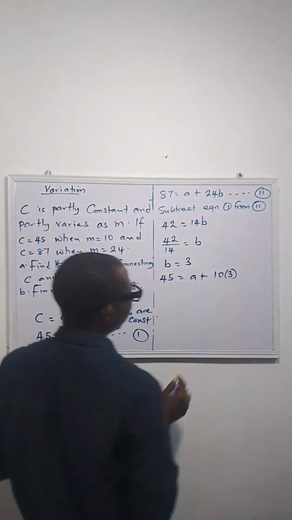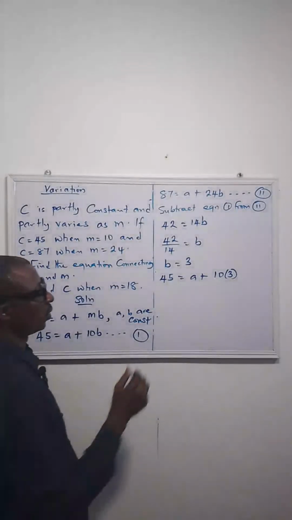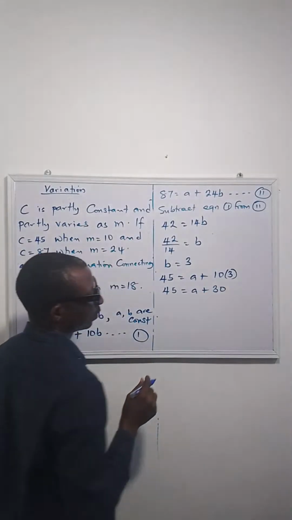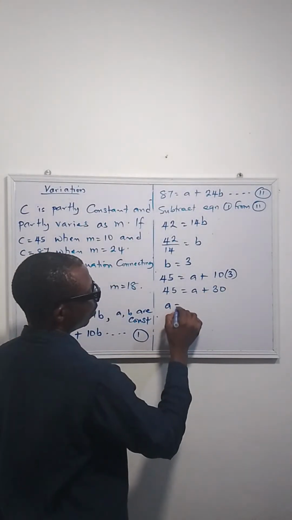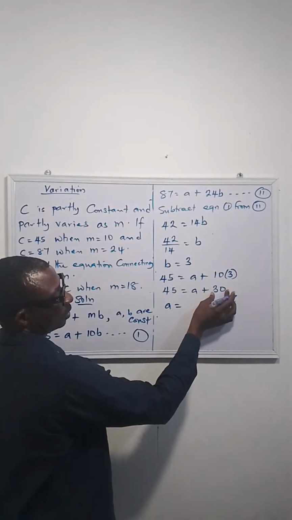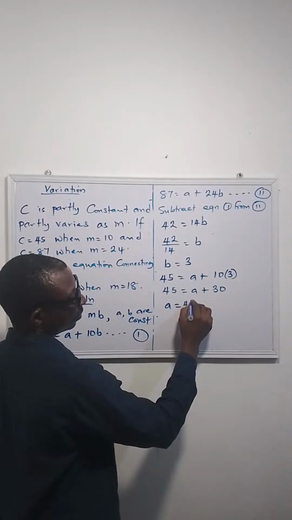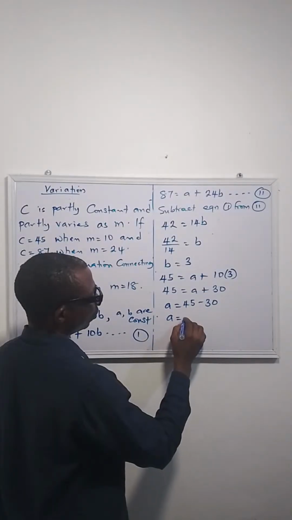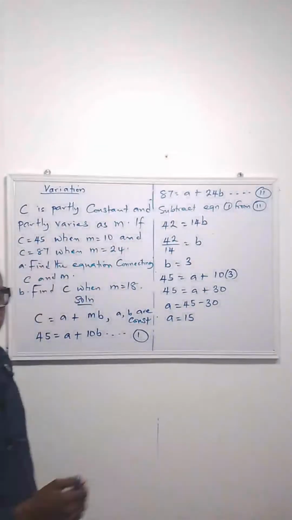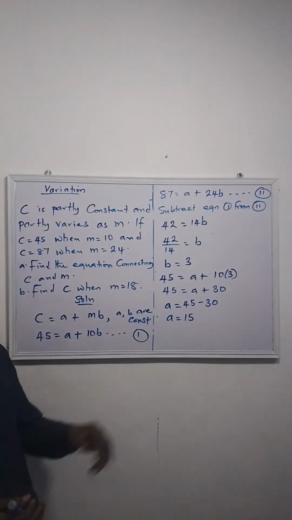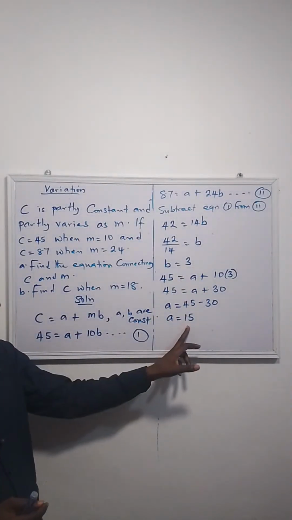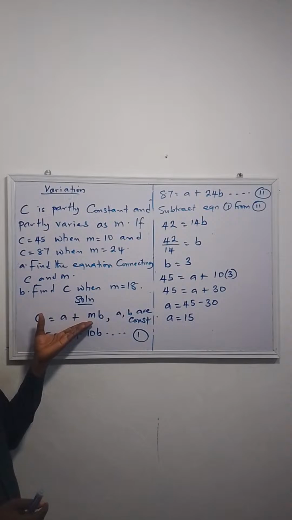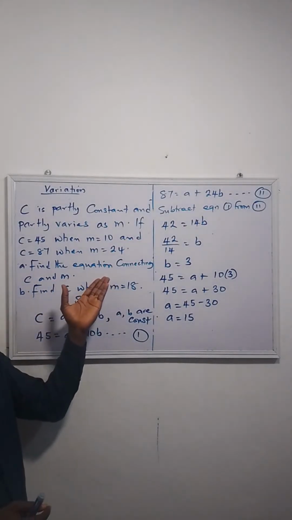So we have 45 equals A plus 30. Transposing, A equals 45 minus 30, so A equals 15. Now we have the values of the constants B and A. So now we substitute the constants into this equation to get the connecting equation.